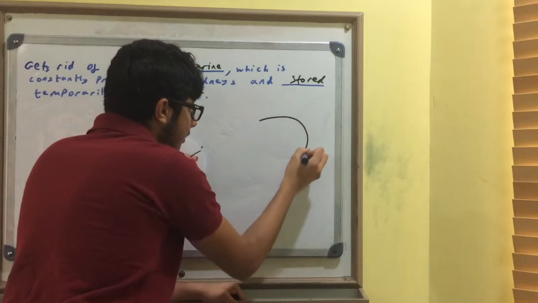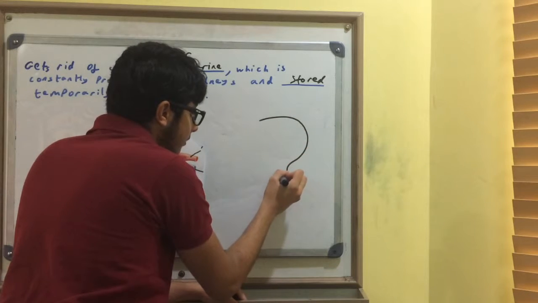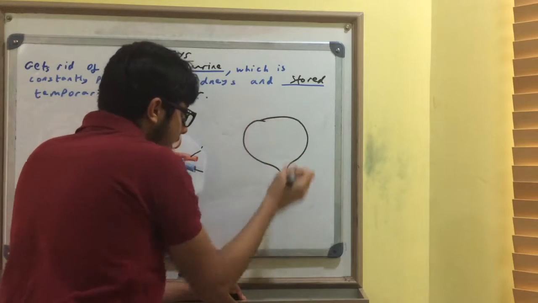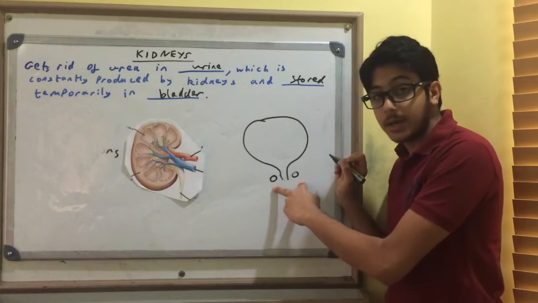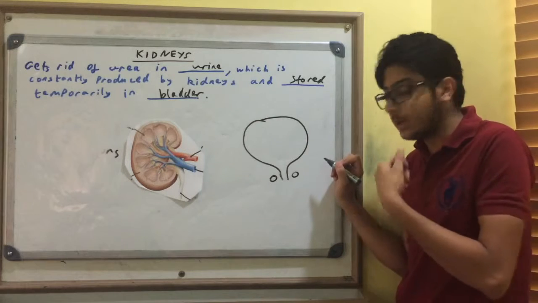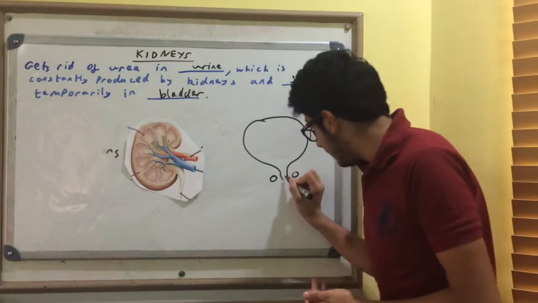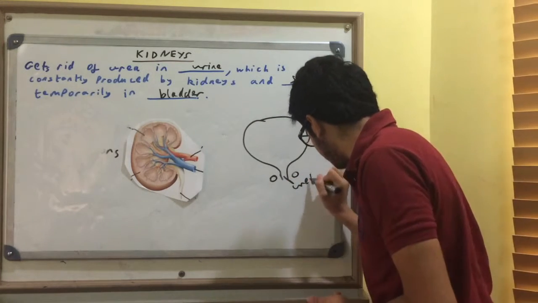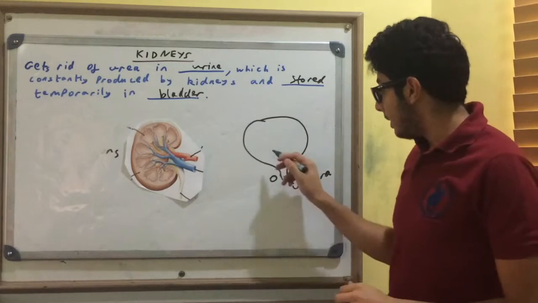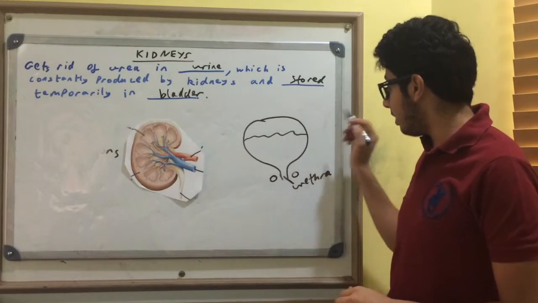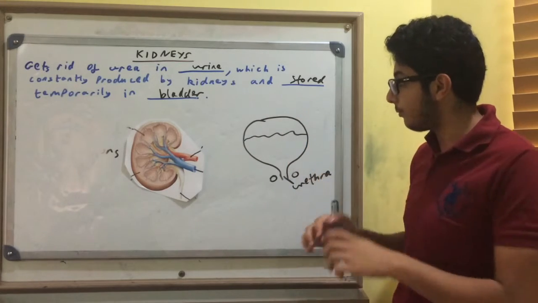Okay, here's your bladder. And here you have rings of muscles on the side which control the opening and closing of the bladder. And here is the urethra, which is where the urine exits the body. And obviously the urine will build up here. It's stored in the bladder.